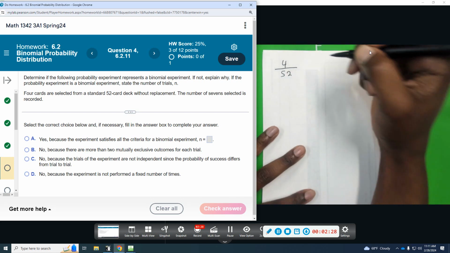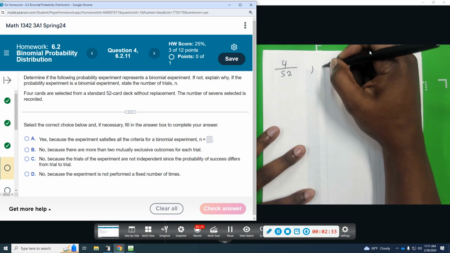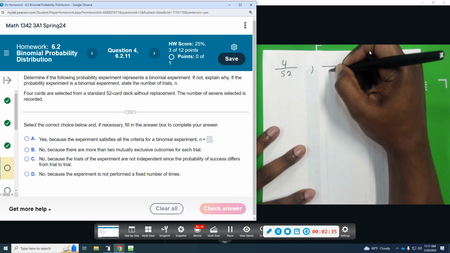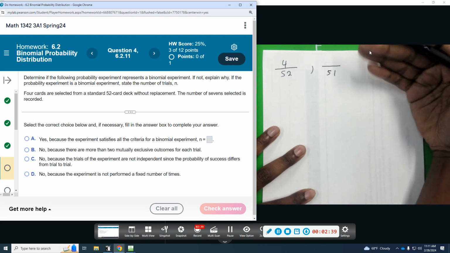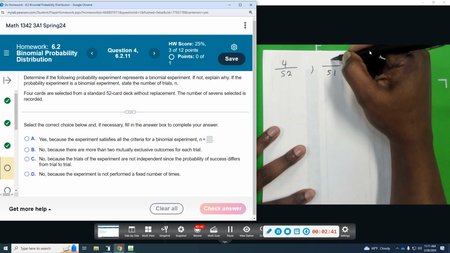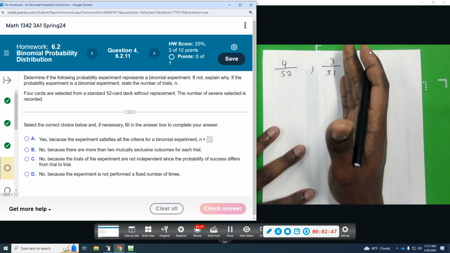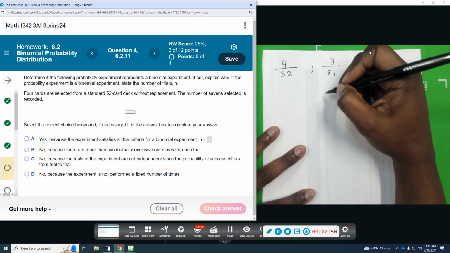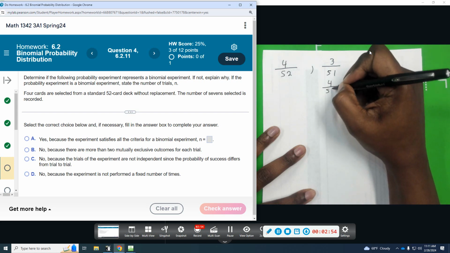If I draw 1 card, if I take 1 card out and I don't put it back, there's now 51 cards left. If the card I drew was a 7, it would be 3 out of 51 would be the chance that I draw a 7 on the second chance. If I drew a card out and it was not a 7, I would have a 4 out of 51 chance to draw a 7.